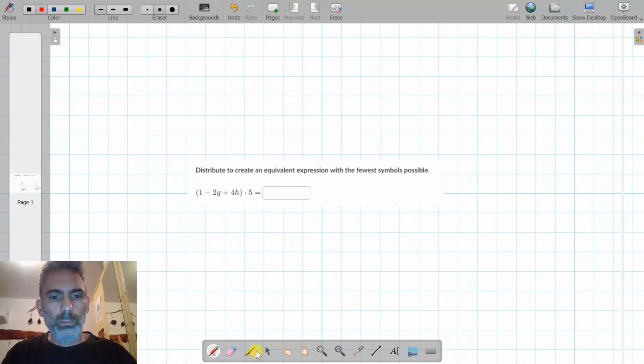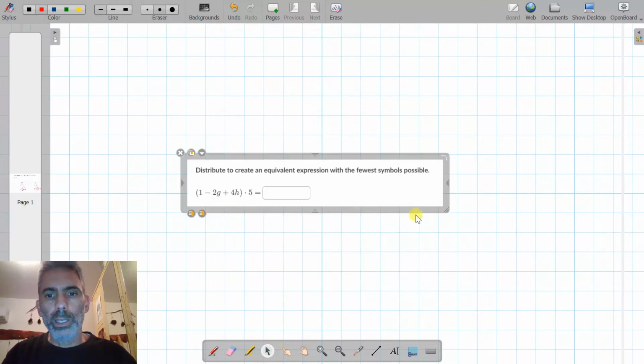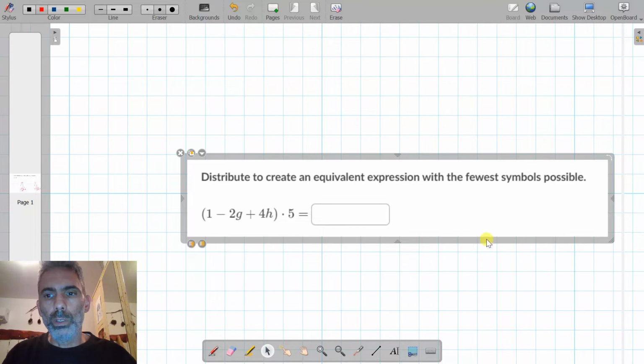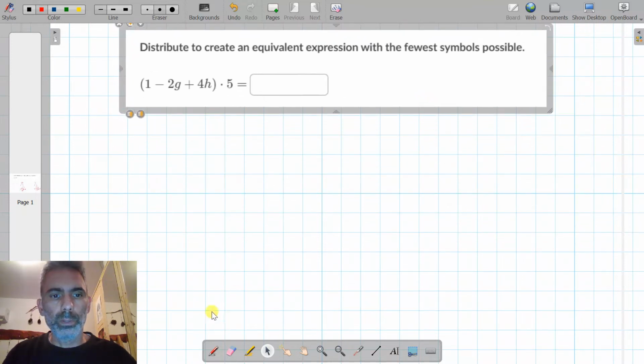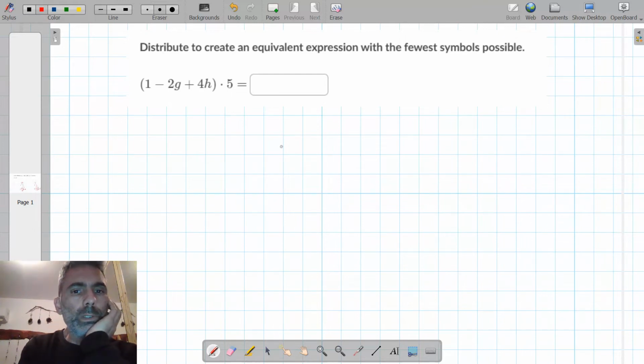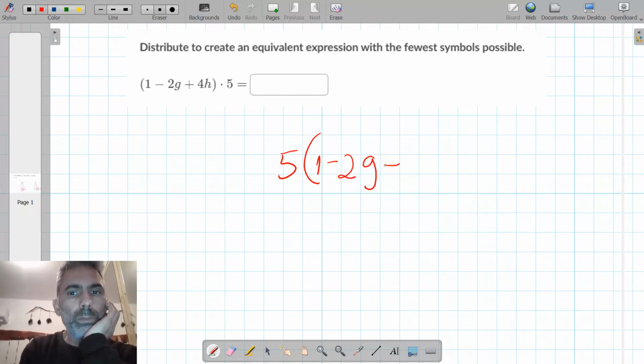Okay, distribute to create an equivalent expression with the fewest symbols possible. So let's see. 5 times 1 minus 2g plus 4h.